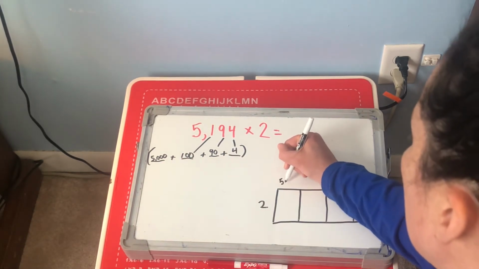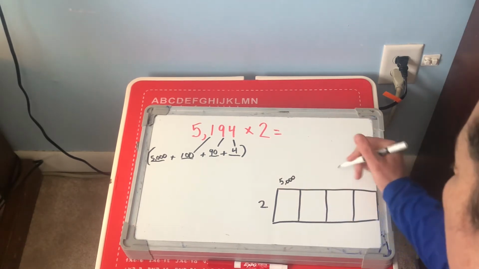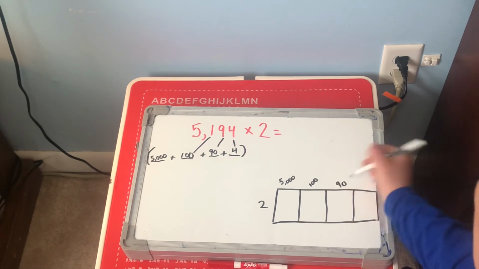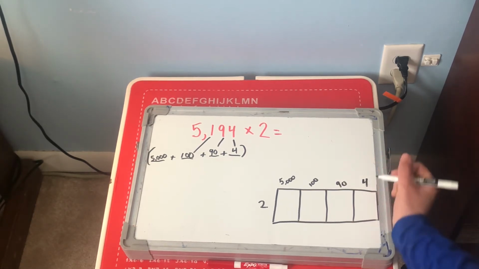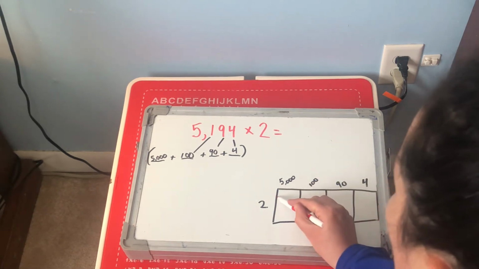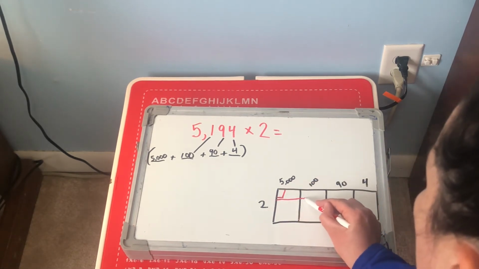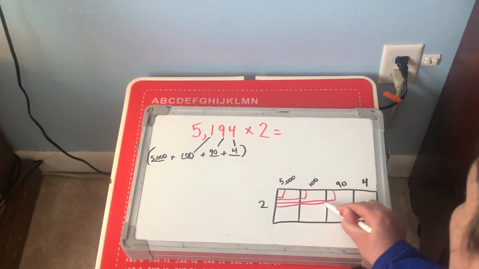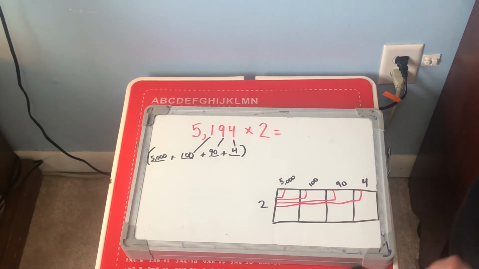So this would be 5,000, this would be 100, this would be 90, and this would be 4. And then you don't have to do this, but sometimes it helps kids if they're having trouble seeing where they should be multiplying.